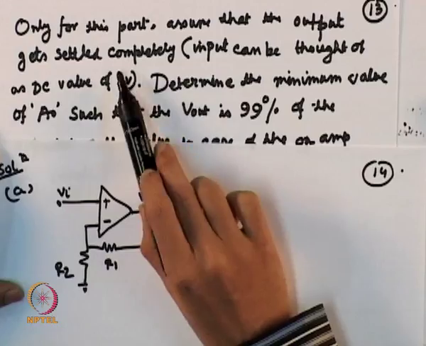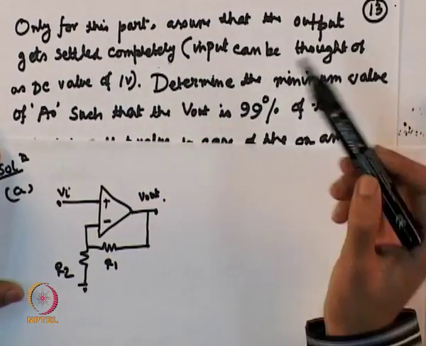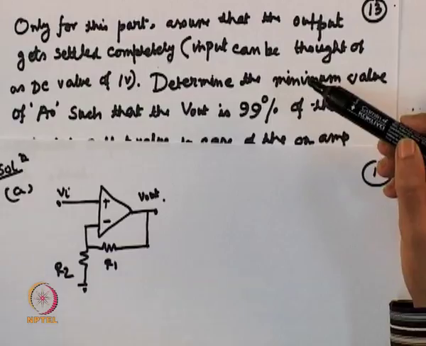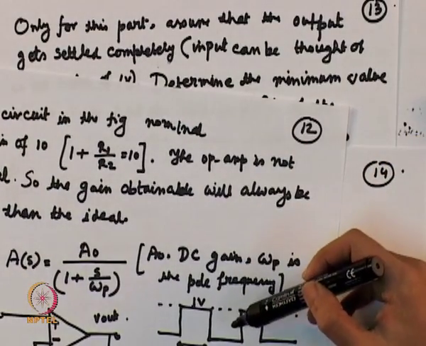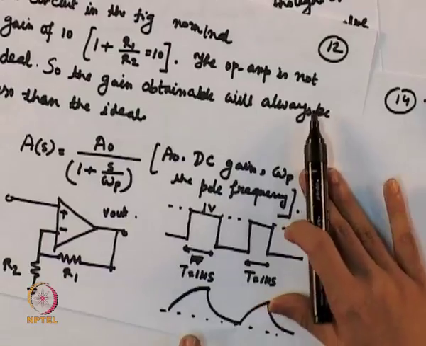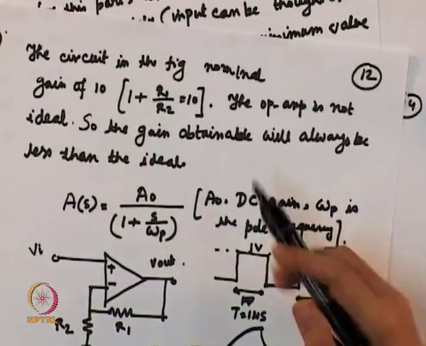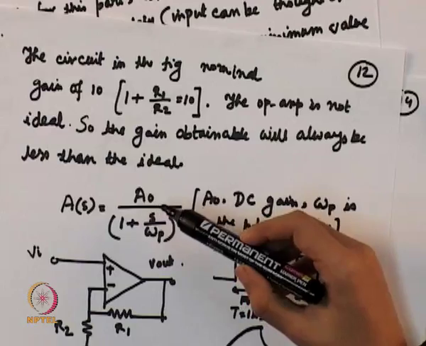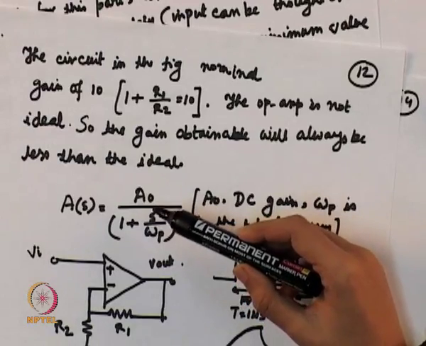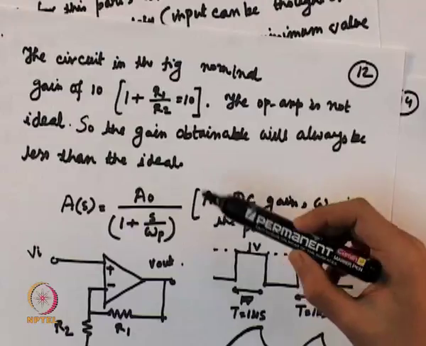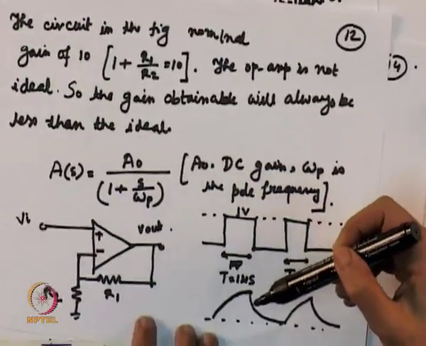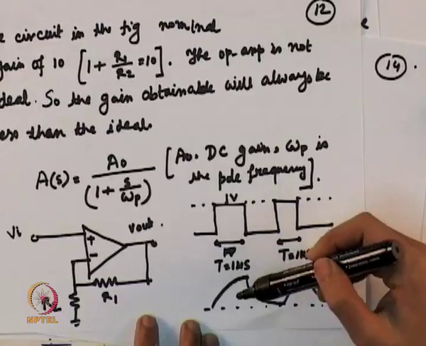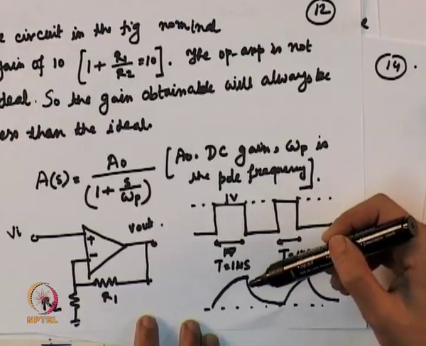Now, assume that the output gets settled completely. So, when the input is being applied like this, and we are telling output gets settled, which means that A naught for this problem actually is a constant quantity, it is not a function of S, because we are considering the steady state conditions where the output gets settled, meaning we are getting a DC output.